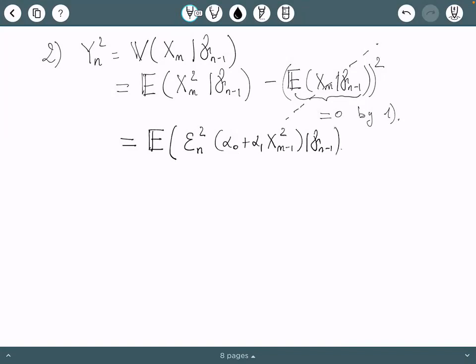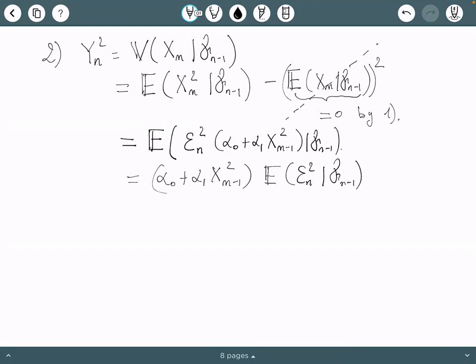Here again, I can use the same properties as before. This random variable here is measurable with respect to this sigma field, while this one is independent of this sigma field. So I get alpha 0 plus alpha 1 xn minus 1 square, times the expectation of epsilon n square given fn minus 1. Okay, same argument as before.